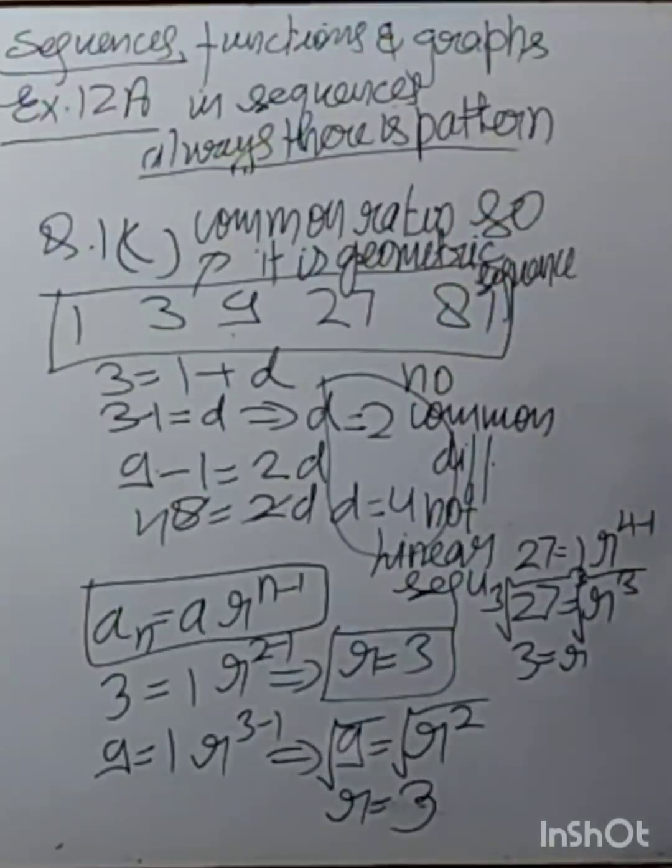Do you get me? So this was the geometric progression, geometric sequence, right? The first one was arithmetic, a linear sequence.